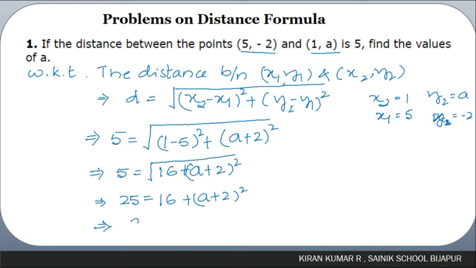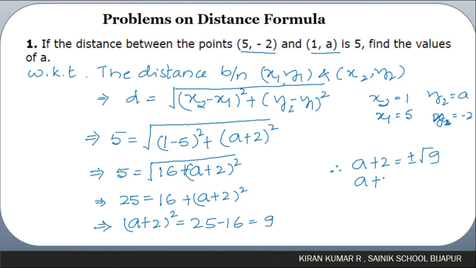This implies a plus 2 whole square is 25 minus 16, which is nothing but 9. Therefore, a plus 2 will be plus or minus root of 9, so a plus 2 is plus or minus 3. We get the value of a as negative 2 plus or minus 3. Therefore, there will be two values of a, positive 1 and negative 5.